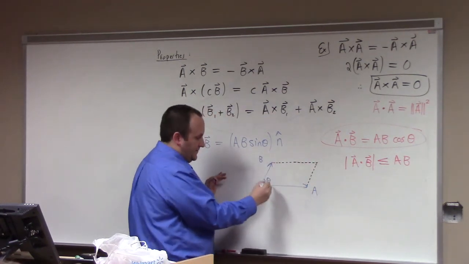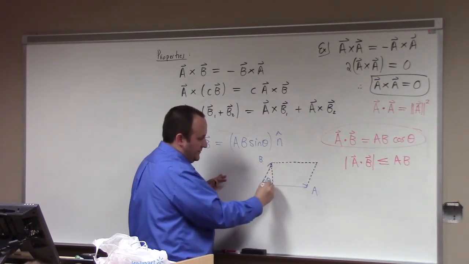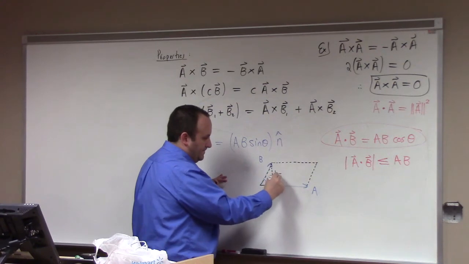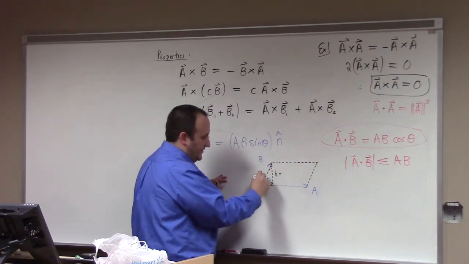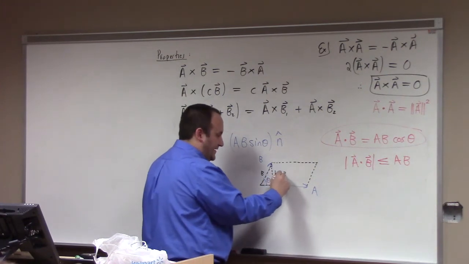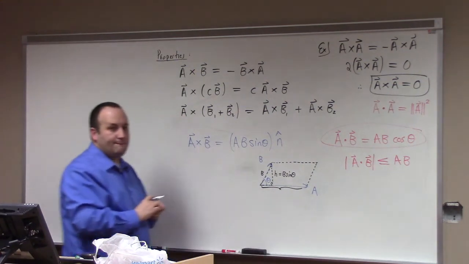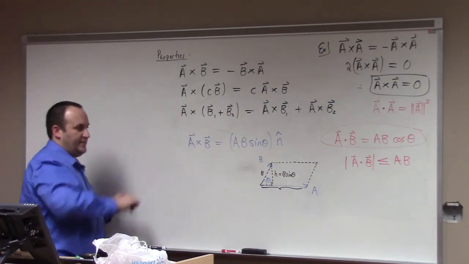Let's look at this little right triangle, see that little right triangle there? What's the height? This is B, right? The hypotenuse is B. That's B sine theta. What's this length right down here?